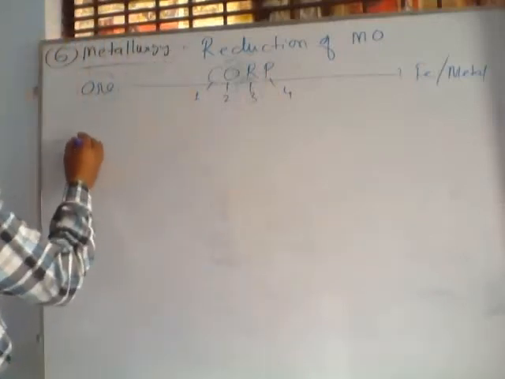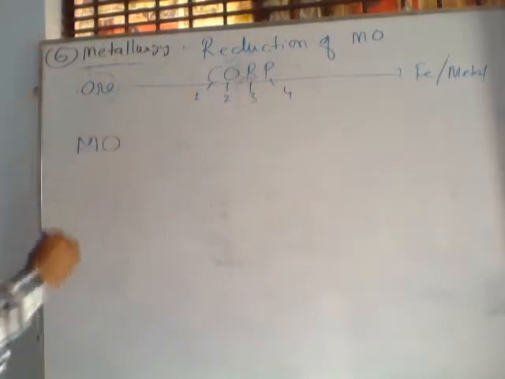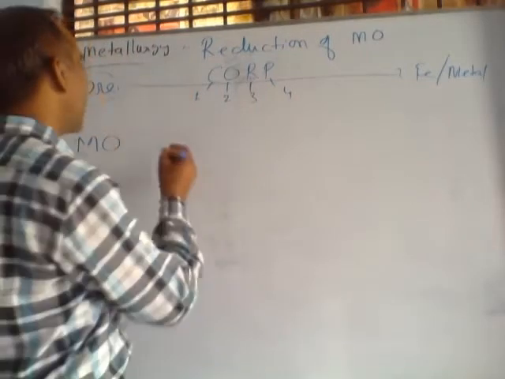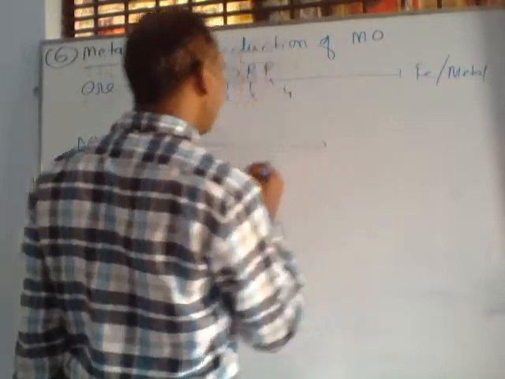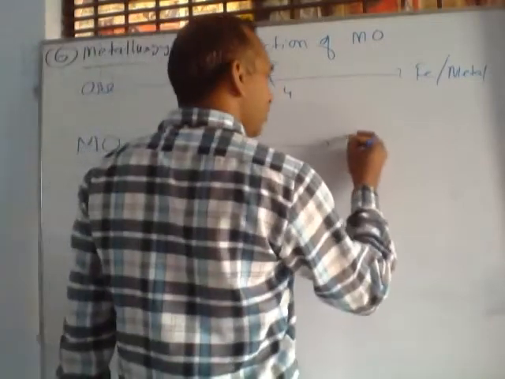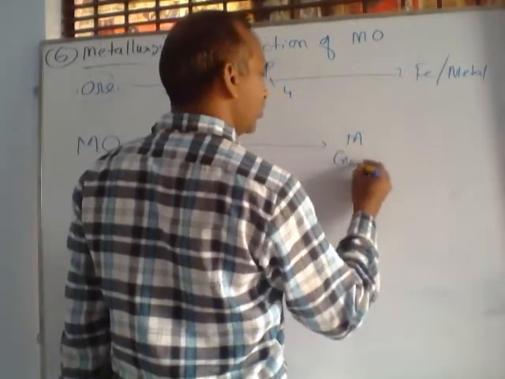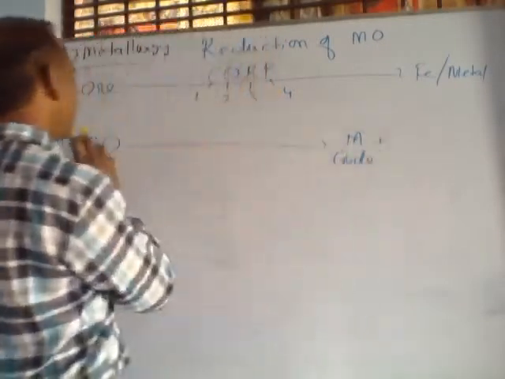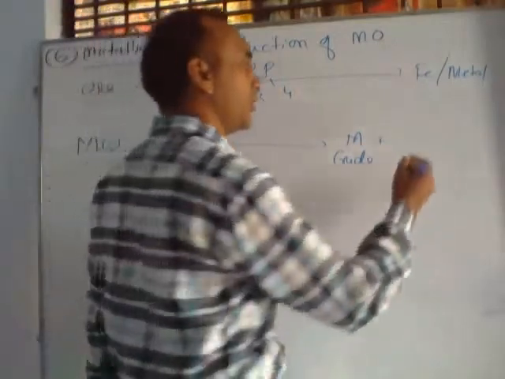So suppose this is metal oxide and we want to remove oxygen and obtain crude metal.